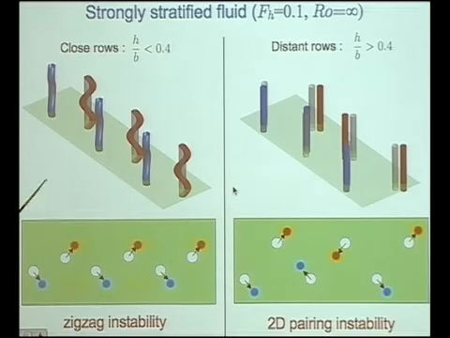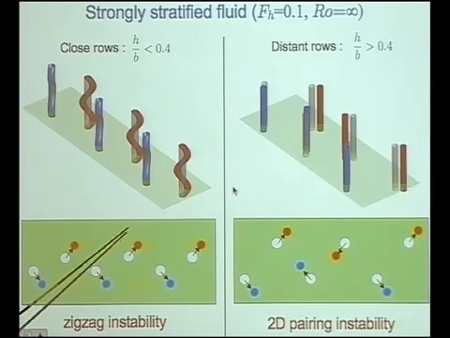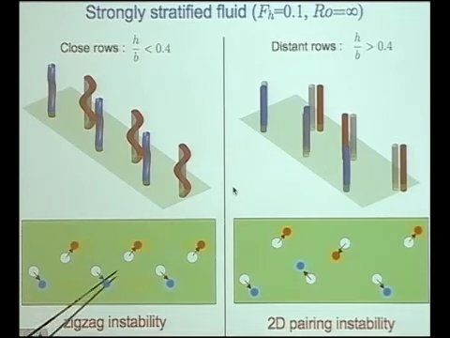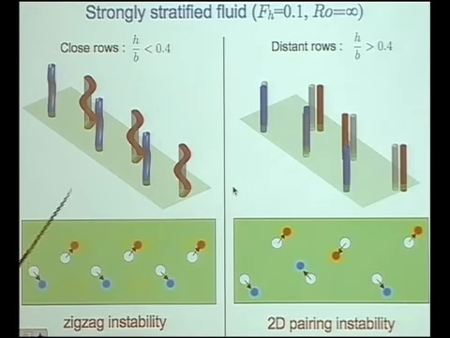And here are the eigenmodes corresponding to these instabilities. In the first case, the vortices are bent like that. If we do a cross-section in this horizontal plane, we see that all the vortices of a given row are displaced in the same direction, and the vortices of the other row are displaced in the opposite direction.